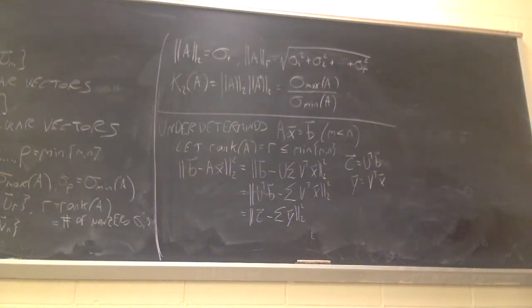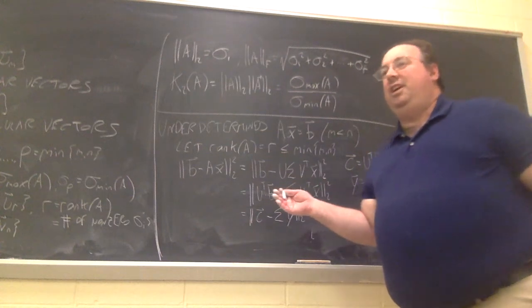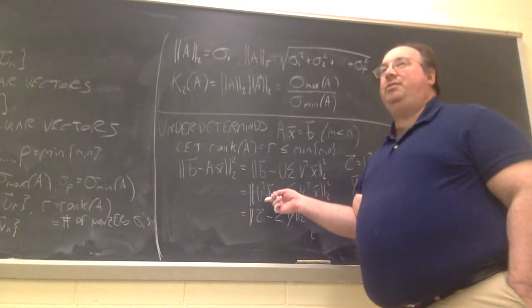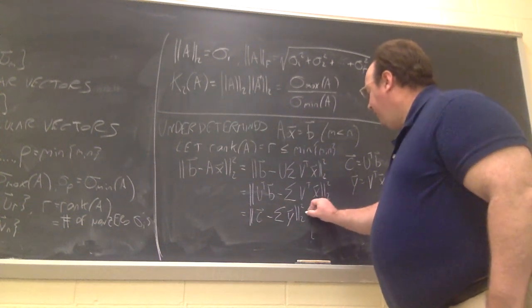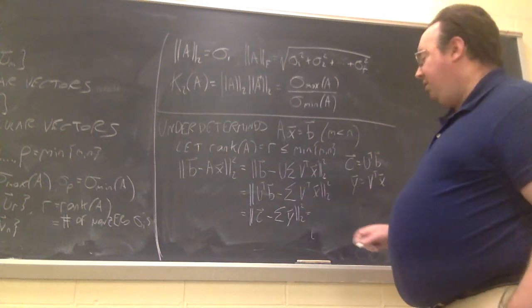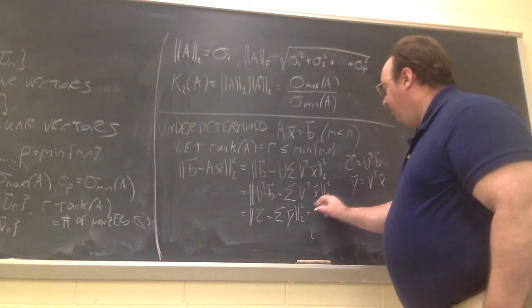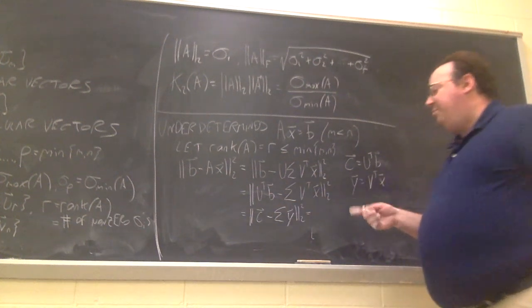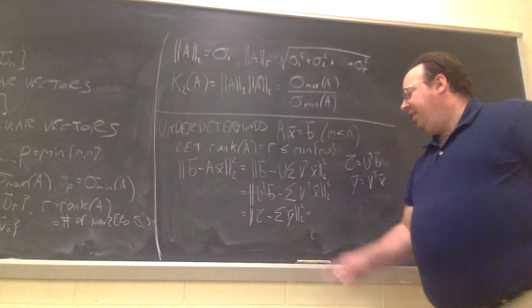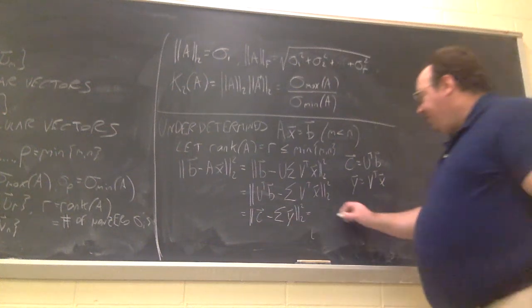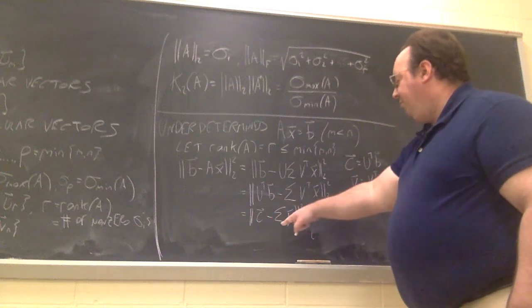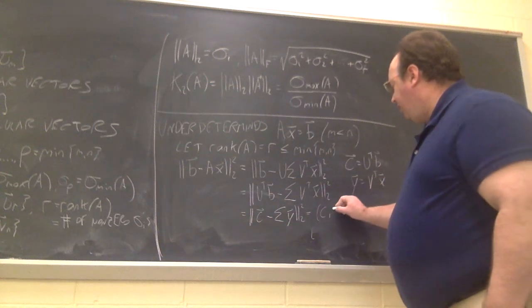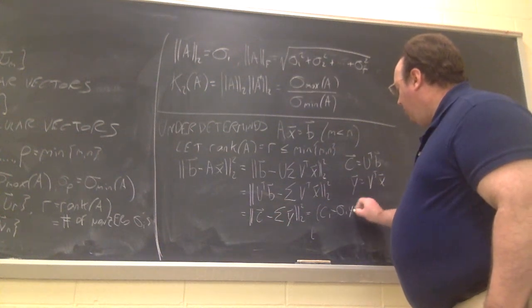Now, it may seem like I haven't done anything useful, except for one thing. Sigma is a diagonal matrix, so it's a lot easier to write out what this is. I can write it component by component. C is a vector in m-dimensional space, and so is sigma Y. So what I get is C1, the first component of C, minus the first component of this, which is just sigma 1, Y1.